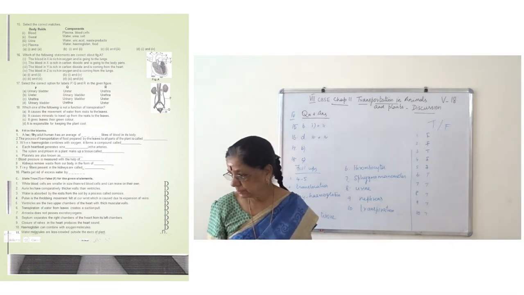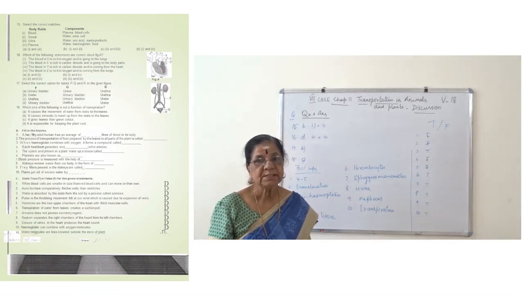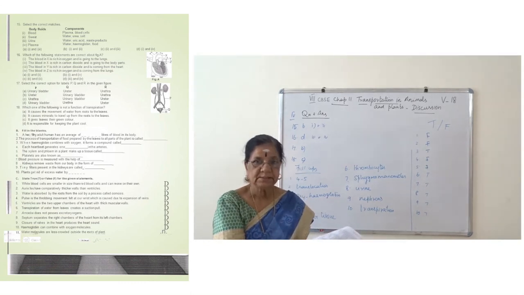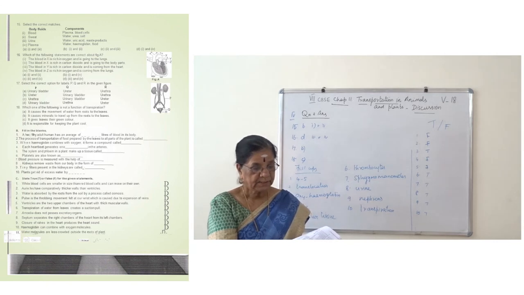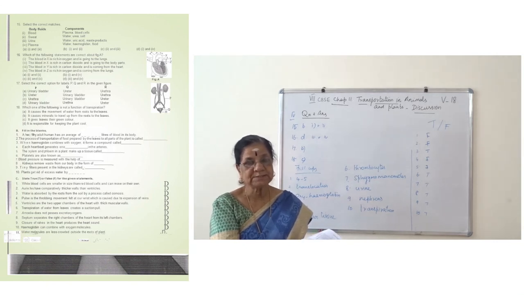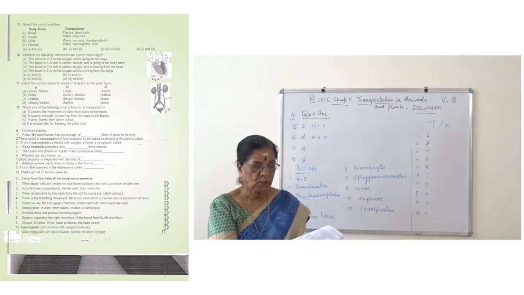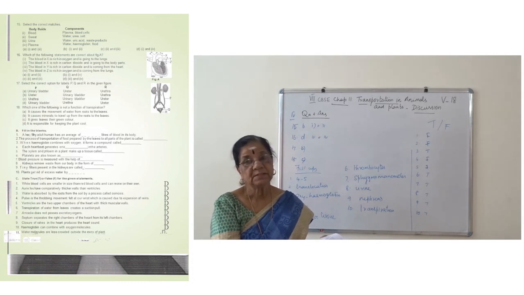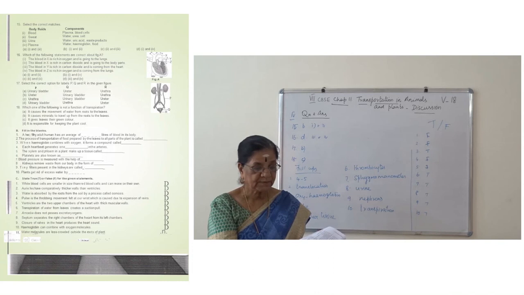You should also remember nephrons are the structural and functional unit of excretory system. Right? The last part, true or false. First one, false. WBC are smaller in size than RBC. They are larger than RBC.